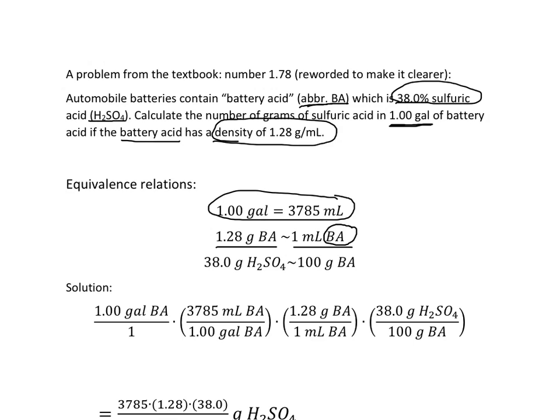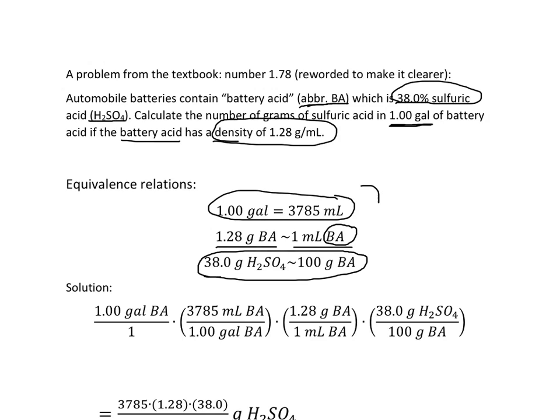Another way of writing that is that 38 grams of H2SO4, the sulfuric acid, is equivalent to 100 grams of battery acid. Or the correct way of saying this is 38 grams of H2SO4 is contained in 100 grams of battery acid.